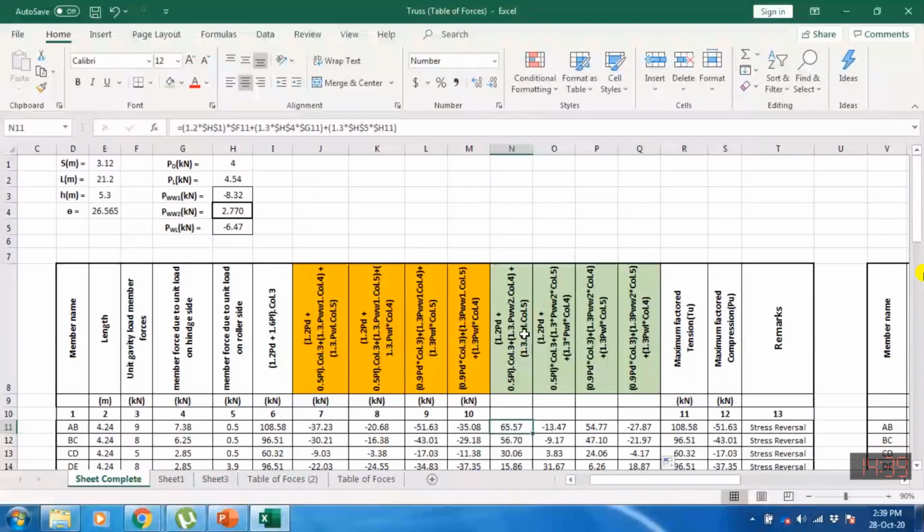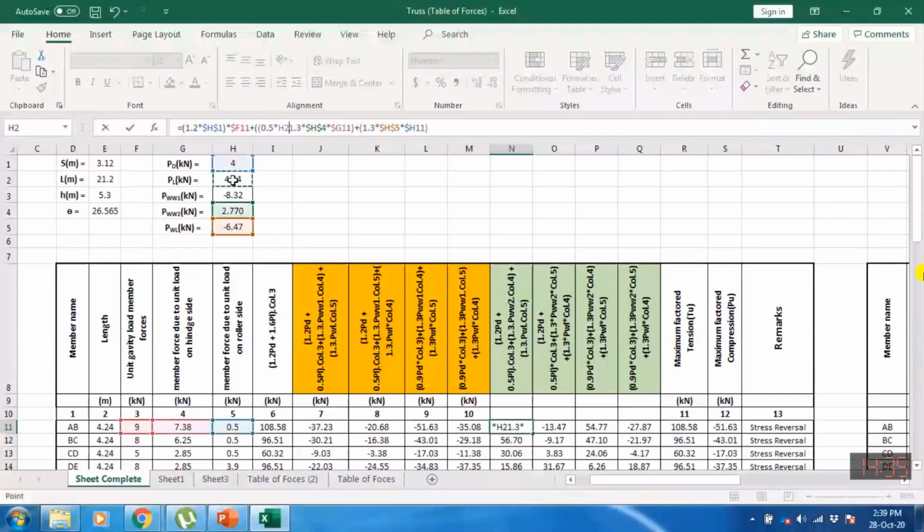So that will be 0.5 multiplied by this, and if I am multiplying the function f4, this will be 6. Actually, this is the correct formula.